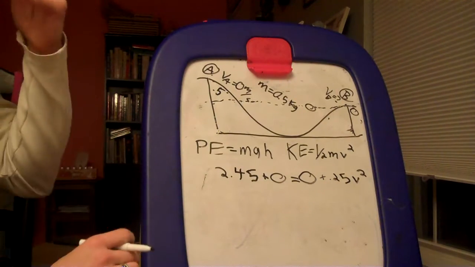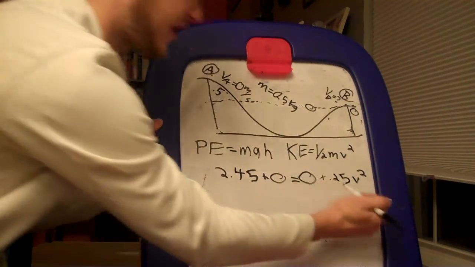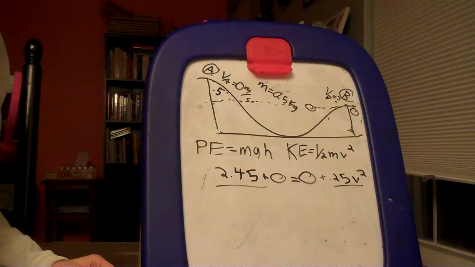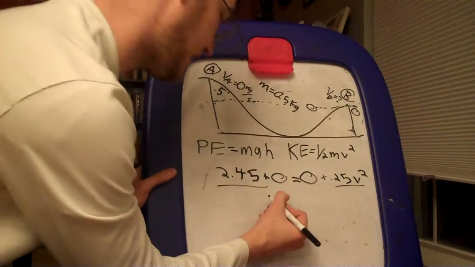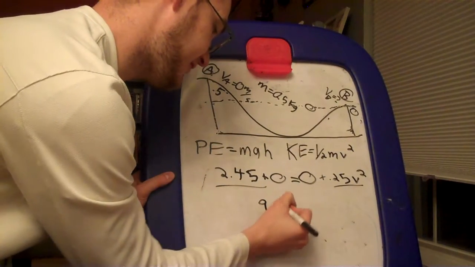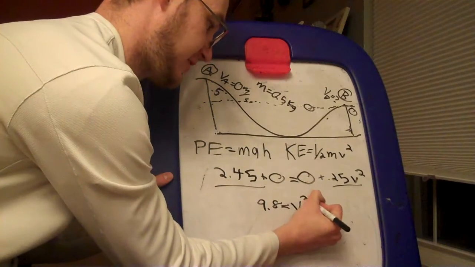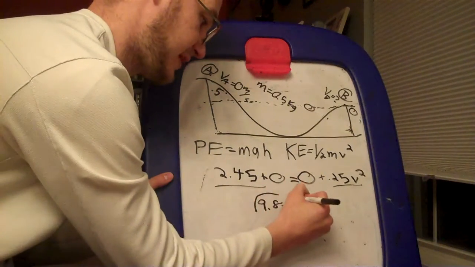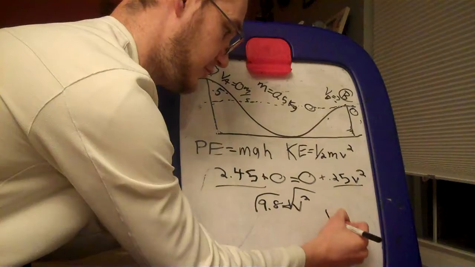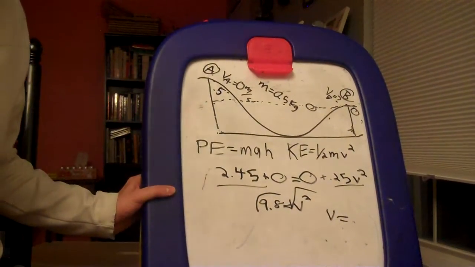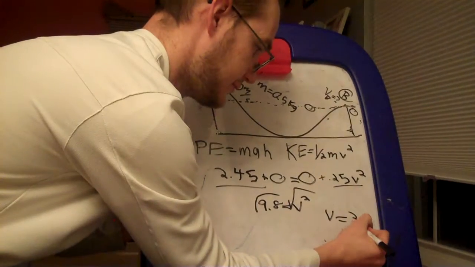But I'm going to get the same answer either way. If I divide both sides by 0.25, when I do 2.45 divided by 0.25, I get 9.8 equals v squared. I'm going to square root both sides to get v by itself. And when I do that, I get my final answer, which is 3.13.